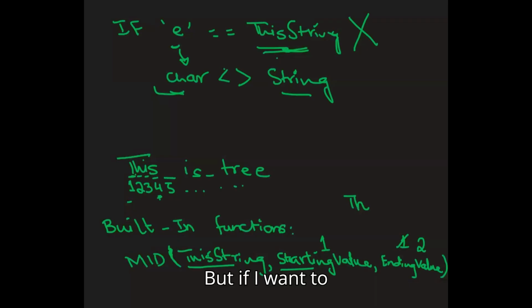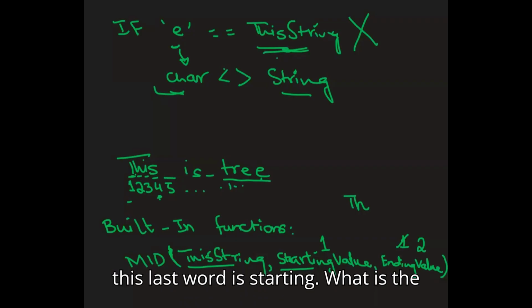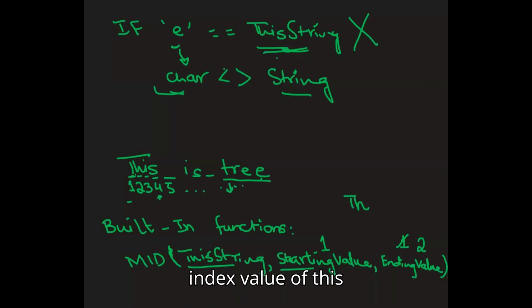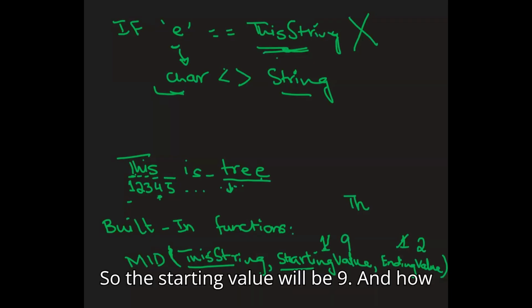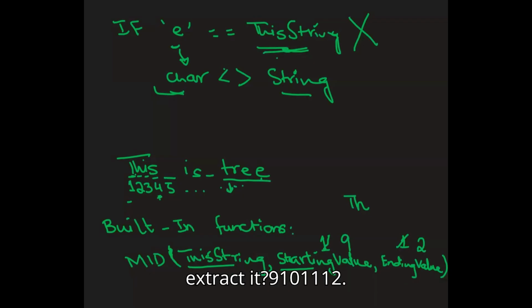But if I want to extract the last word, TREE, I have to see from where this last word is starting. What is the index value of this? 6, 7, 8, 9. So TREE is starting from 9. So the starting value will be 9. And till where am I going to extract it? 9, 10, 11, 12.